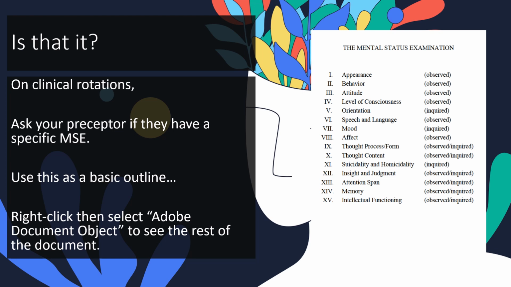This is the one that I always use as the structure or base of all my mental status exam talks. You can right click on this document in here and then go to linked object and it'll open back up. I think it's a 3 or 4 page document. Obviously this front page here is the basic categories, and then it goes into what the appropriate terms are for each and a very basic description of them.